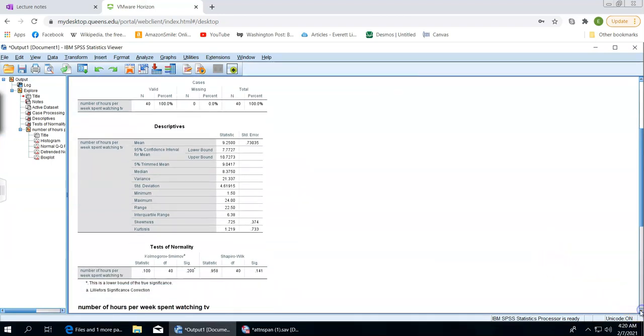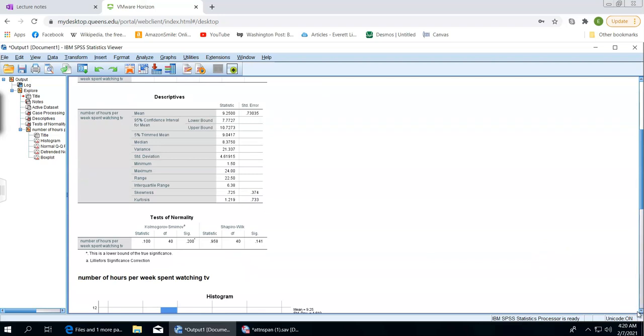All right, so what we're looking at right now is the normality measures. So we've got a skewness of 0.725. That's within the normal range. Kurtosis is a little bit high, but let's see what everything else says.